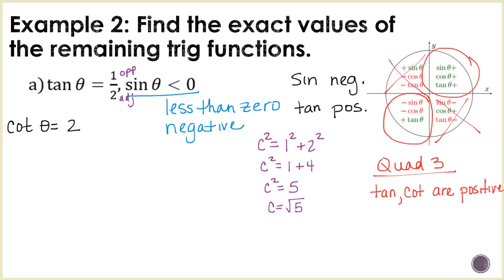So on my right triangle, I have my hypotenuse, which is the square root of 5. I have the opposite, which is 1, and adjacent is 2.